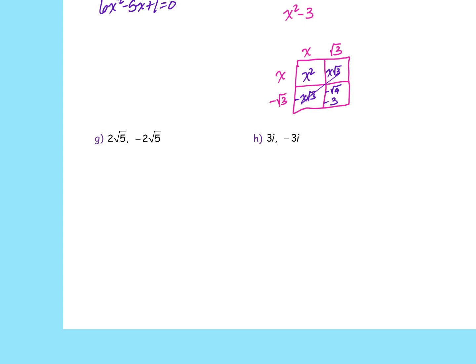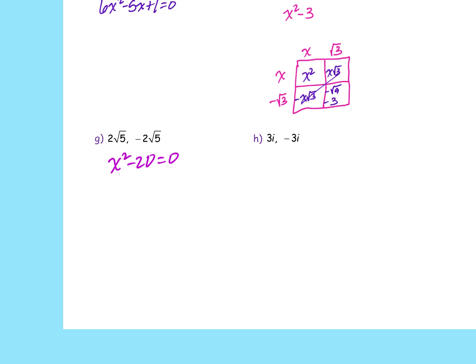Okay. So, and then let's see, G is x squared minus 20 equals 0. And doing the same thing as with the square root of 3, right? So square root of 2 times 2 square root of 5 times 2 square root of 5 is 4 square root of 25, and the square root of 25 is 5, so 4 times 5 is 20.